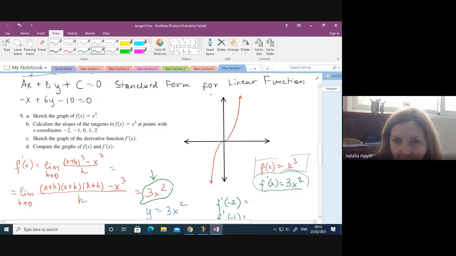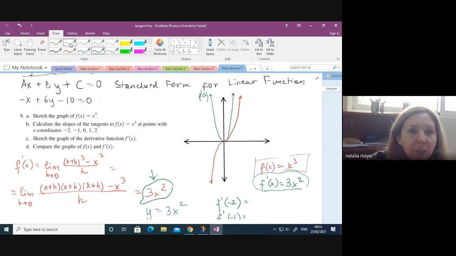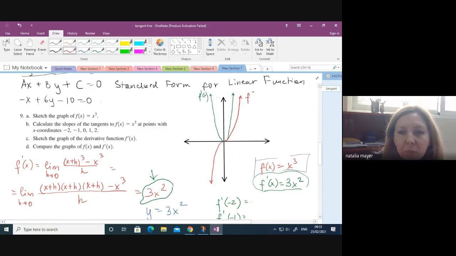So right now we're discussing question 9, which you were asked to complete at home. I'll just label it properly. So this is f prime of x, and this is f of x in red. We're going to go through a certain process, which I hope will help you understand more about the derivative function.